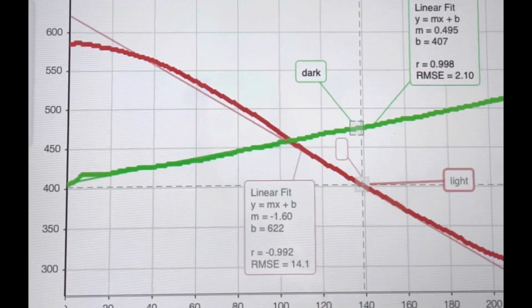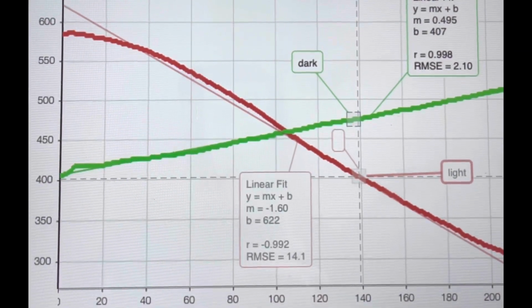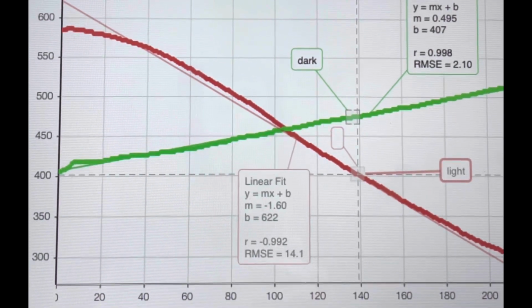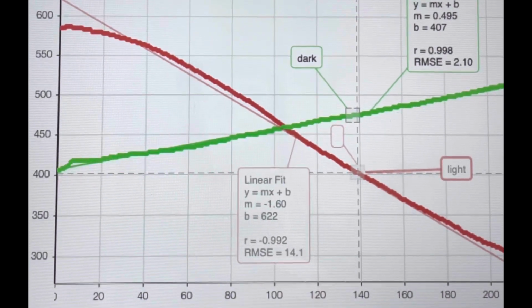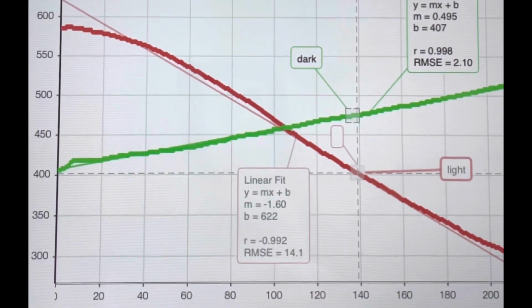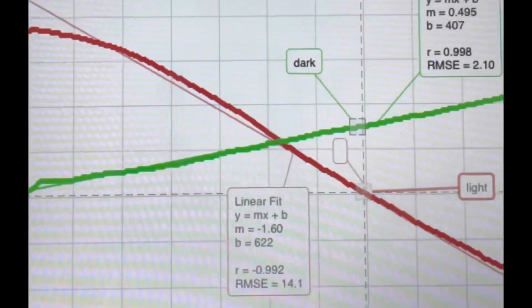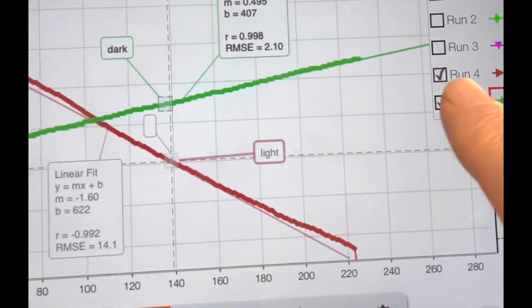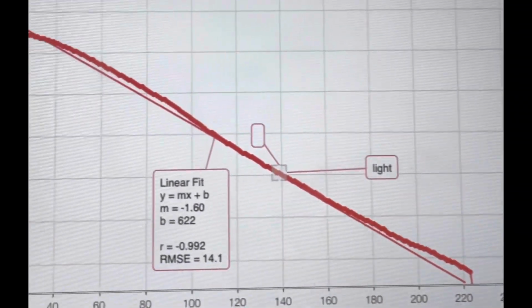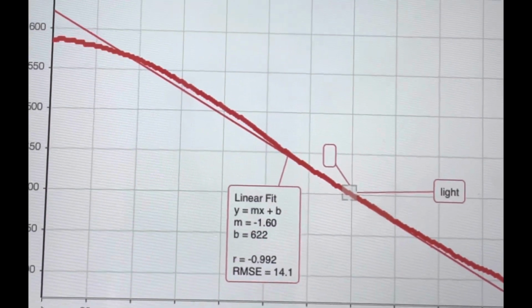Okay, so I just cleaned that up a little bit. And now we can see the dark run versus the light run. We can see the equation for the straight line over that representative sample of data. We could take a look at the individual runs. So notice I can just get rid of that run, and now there's my original light run that was going down.